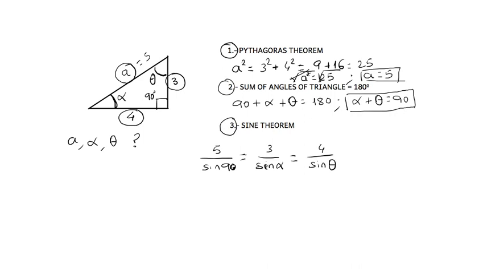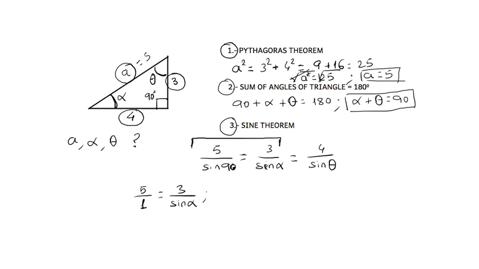Now we can get different equations. If we take this equation, 5 over 1, which is sine of 90, equals 3 over sine of alpha.